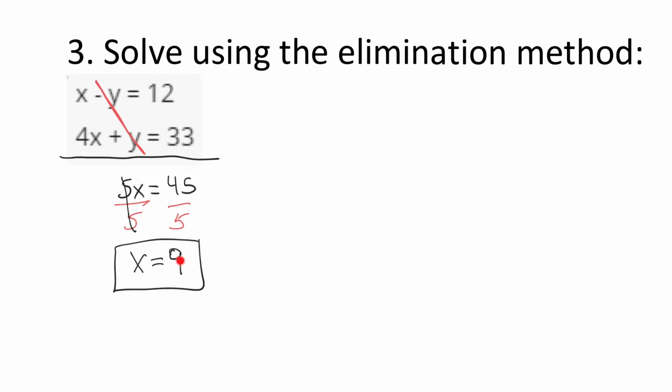Then you guys go back and you substitute into 1x. Doesn't matter which one. I like the top because I don't like big numbers. I see that 33. I'm going to try to avoid it. So the top equation, I'm going to put here substitute. And we have x minus y equals 12.